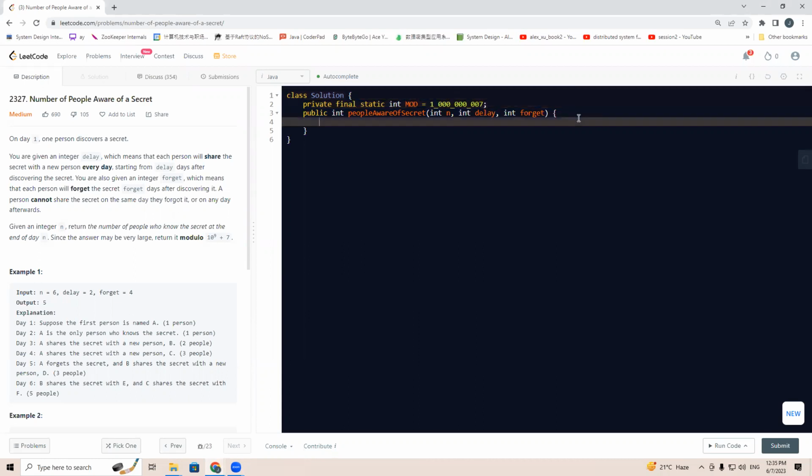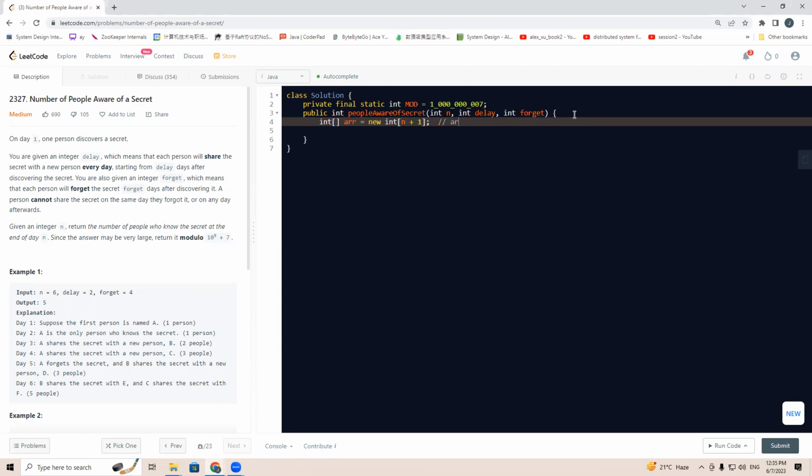And what we want is an array, right? This array will represent the newly generated people at a specific day. So new int n plus 1.